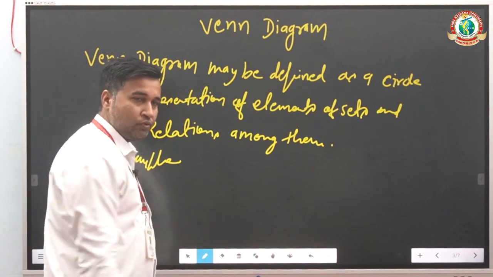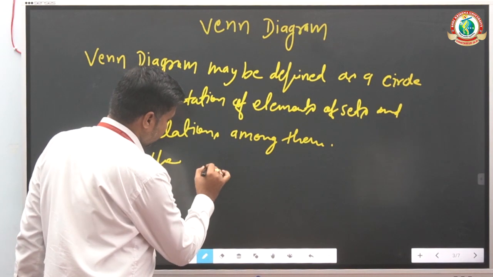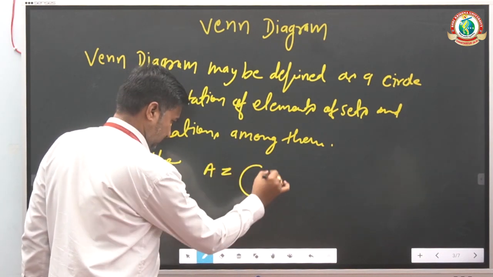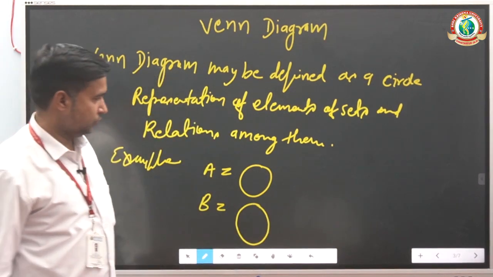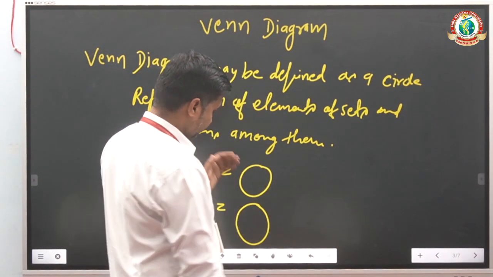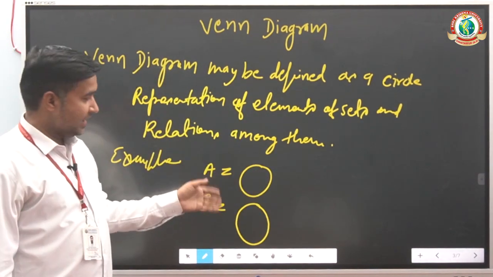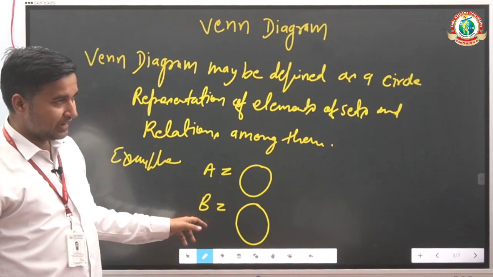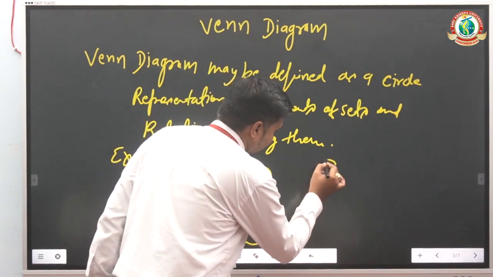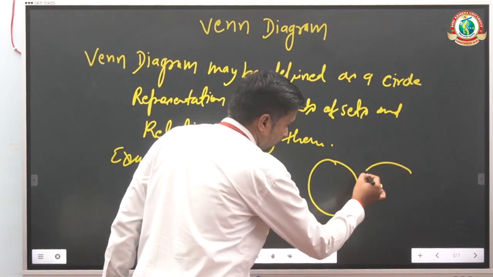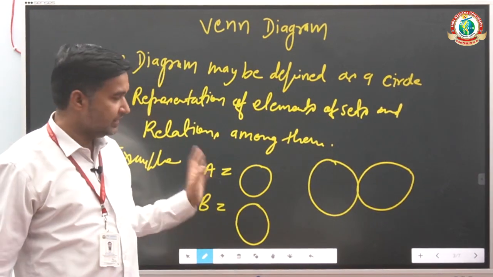Example: if we want to represent two sets by Venn diagram, then we take set A and the next set B. These two sets are represented by circles, and if we draw a Venn diagram, then this is our Venn diagram to represent the A and B sets.